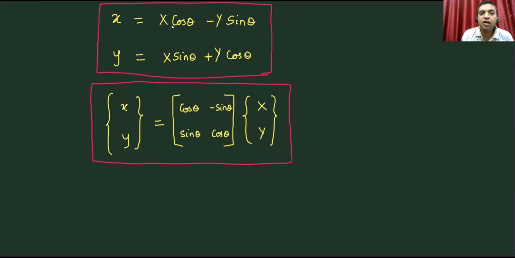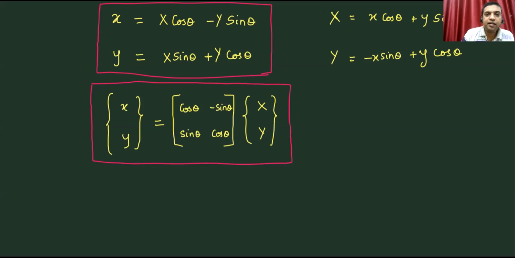Now the new ones in terms of the old will be capital X, capital Y, write small x, small y, and just this reverses: cos theta, plus sin theta, minus sin theta, plus cos theta.